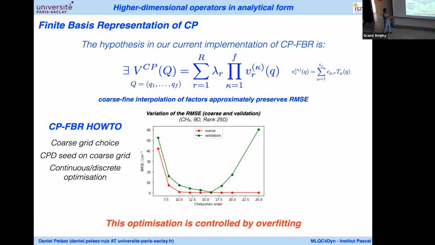But the validation, which is a different grid, and the coarse grid is not even a subset of the fine grid, not necessarily. Then we will be good, and then at a certain point we start having some discrepancies. So we've got this overfitting. So the algorithm is such that this is a 9D problem, methane, an interesting molecule, rank 250. This means in MCTDH language that you've got 250 lines in your operator file. So the algorithm will stop there and say, okay, this is my optimal solution.